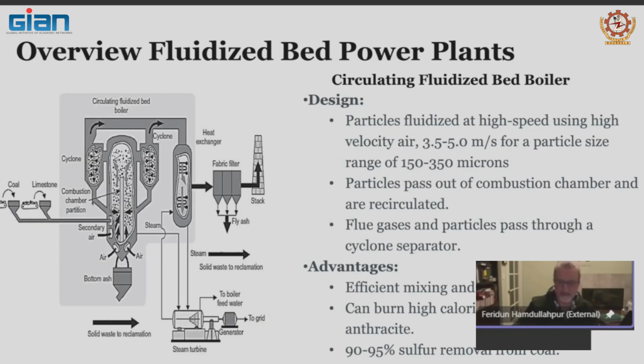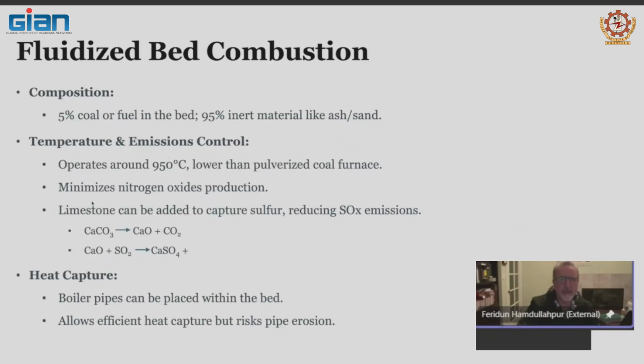Okay, this is a CFB. Now I go back. I should remind you, one of the critical advantages in fluidized bed combustion is that there is no need for pulverizers. Pulverizers are very expensive.